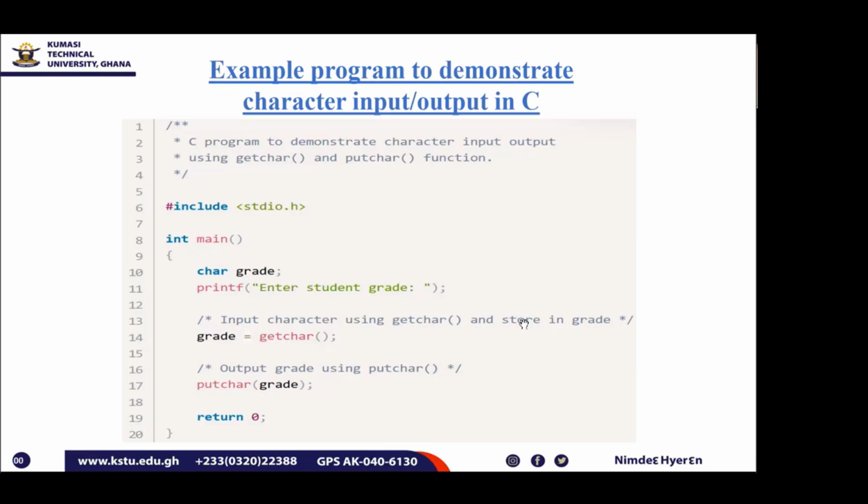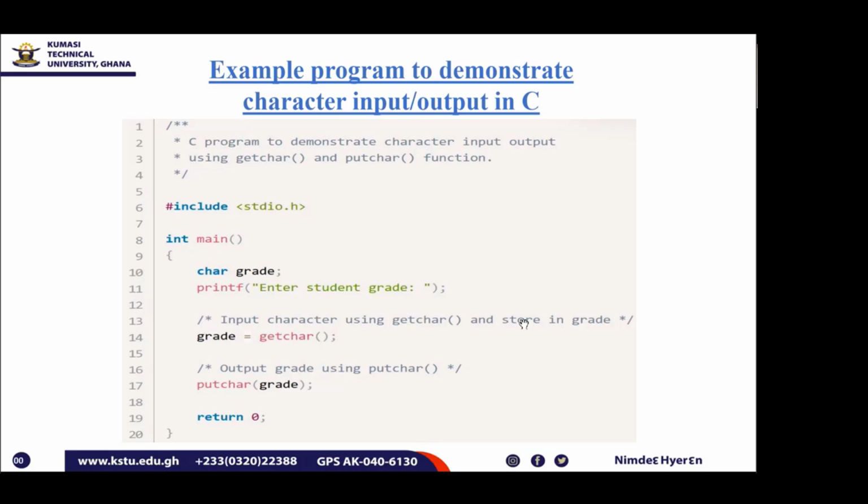So an example has been illustrated here to demonstrate the character input and output in C, using getchar and putchar.